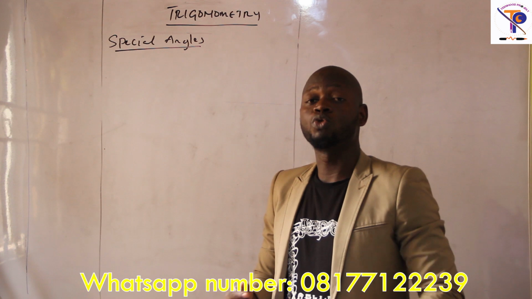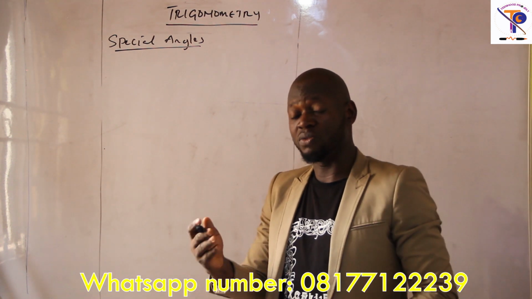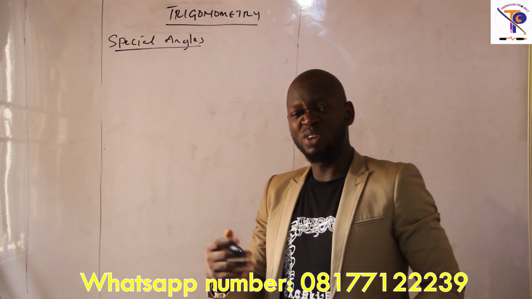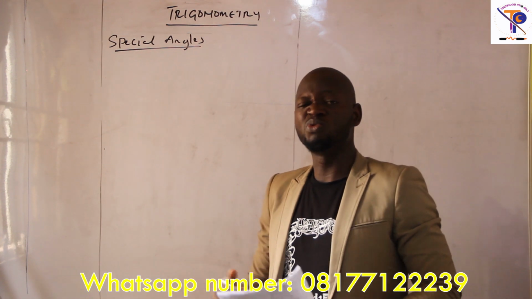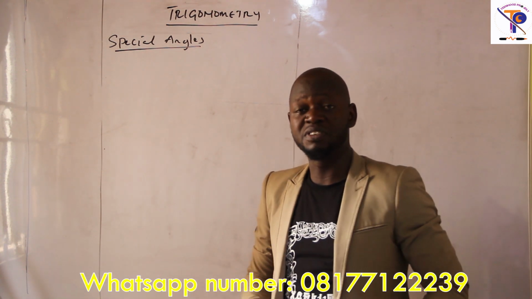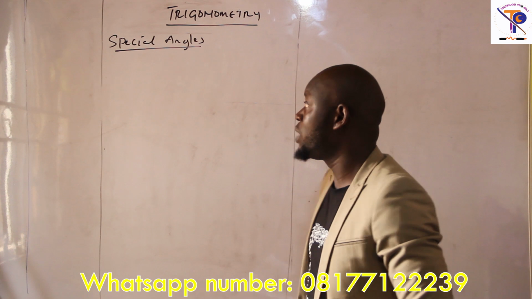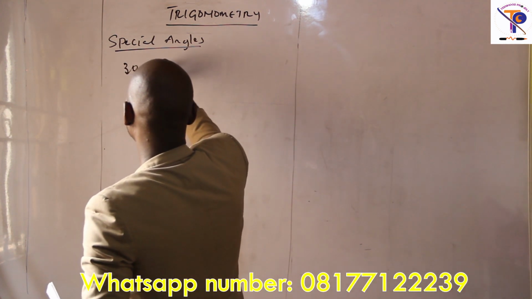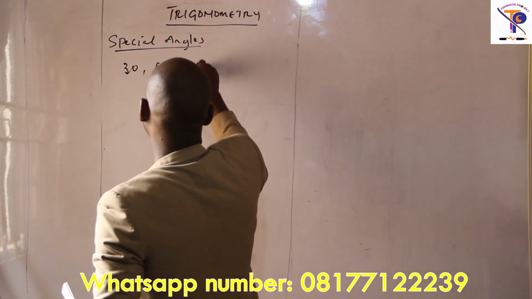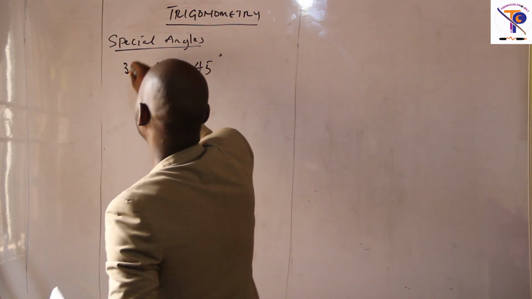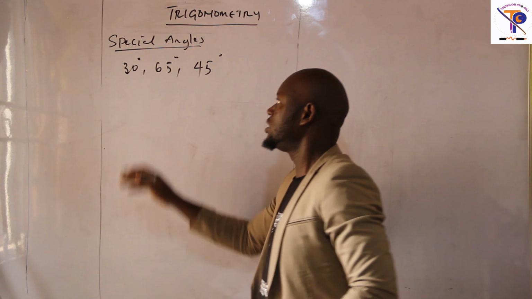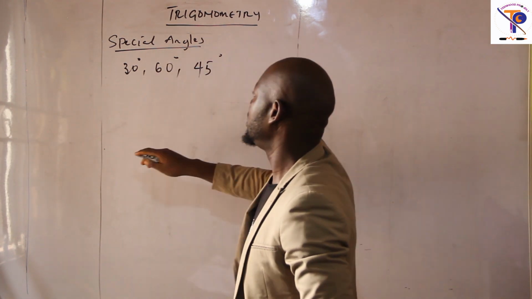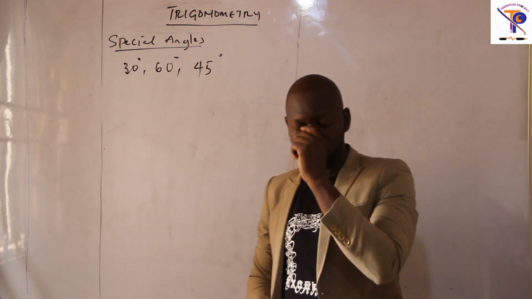Other ones, when we get to quadrants, like 240, 150, will just come through. But for now, we are going to be treating angle 30, angle 60, and angle 45 degrees. We are going to be discussing this.